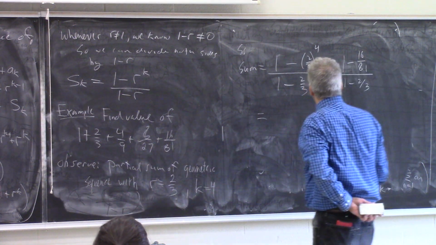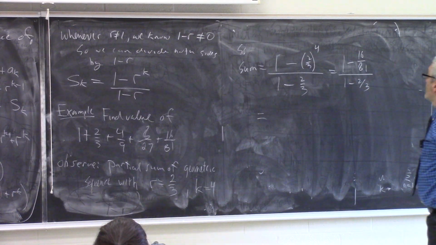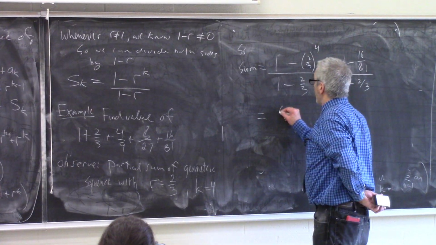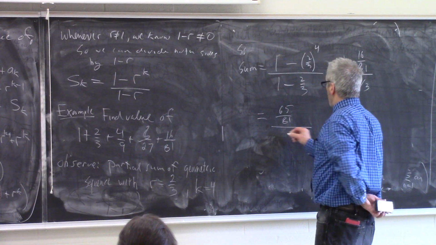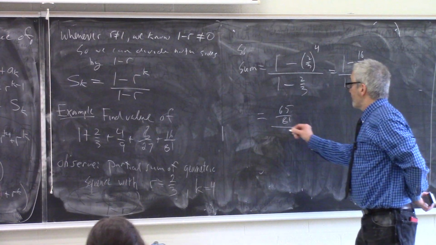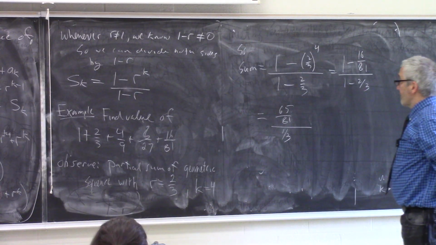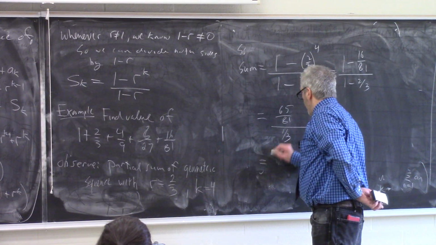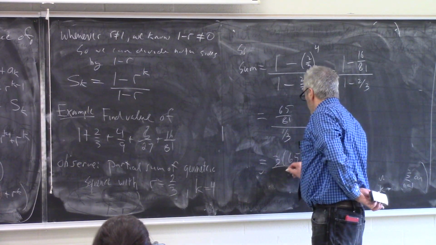So let's see, 1 minus 16 over 81, that's 81 minus 16 all over 81. So that's going to be 65 over 81 divided by 1 minus 2/3, which is 1/3. But dividing by 1/3 is the same as multiplying by 3. So 3 times 65 over 81.